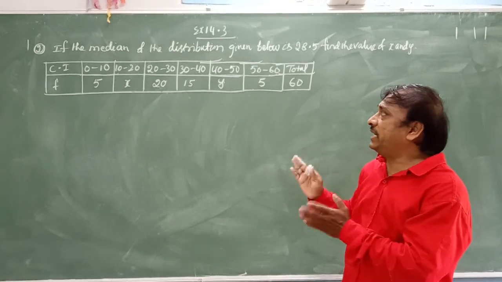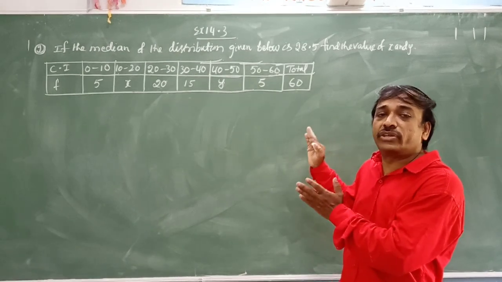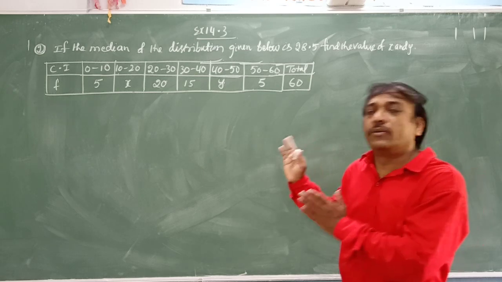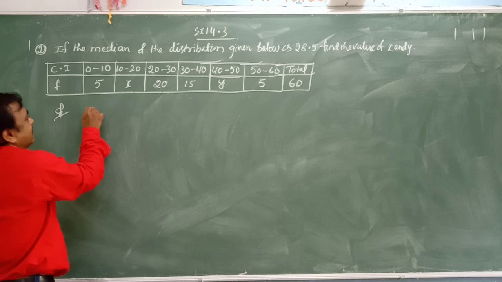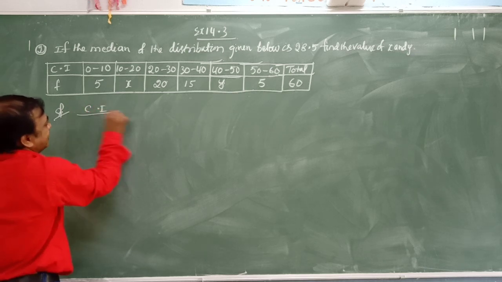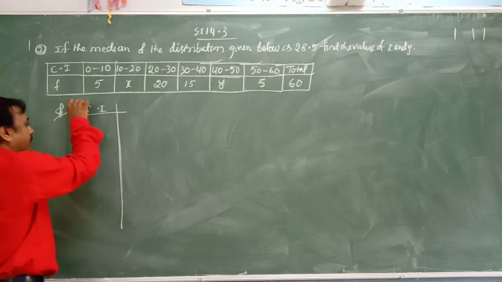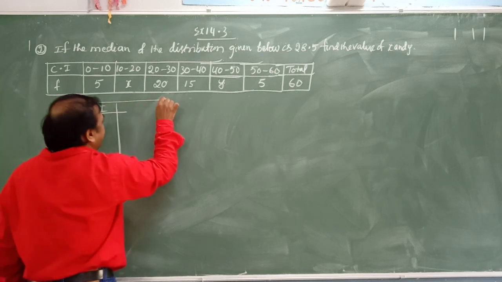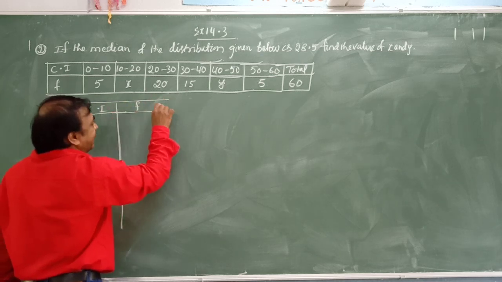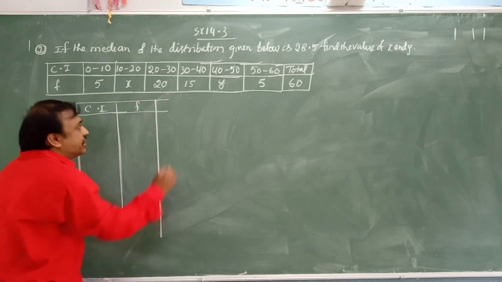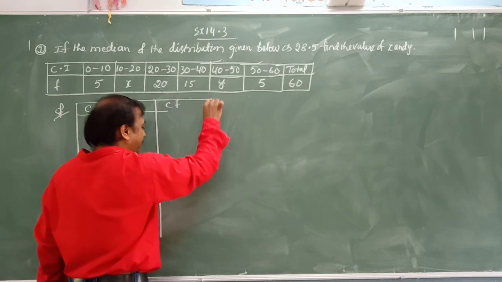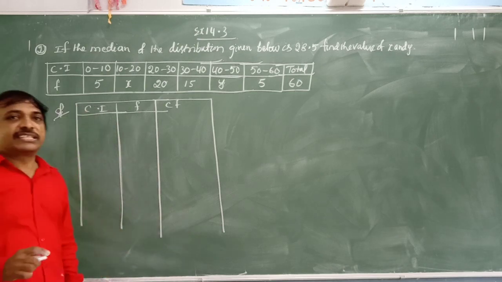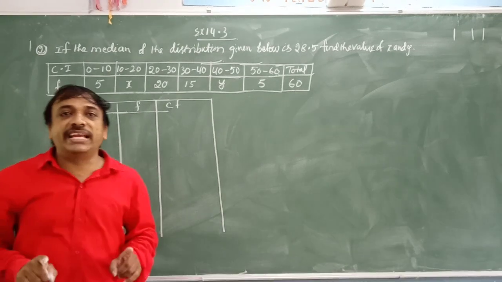So we are going to find the values of x and y. For that, in the solution we first write the class intervals as they are. The next column is frequency. The next column is cumulative frequency, CF. What is CF? Cumulative frequency.